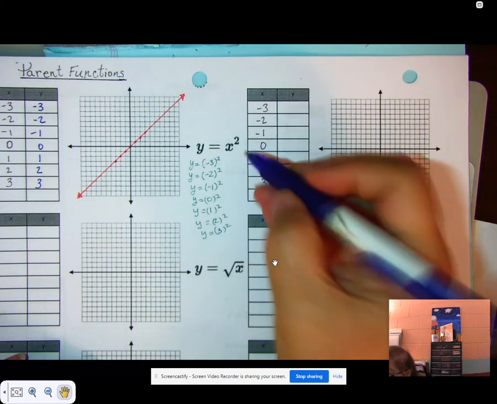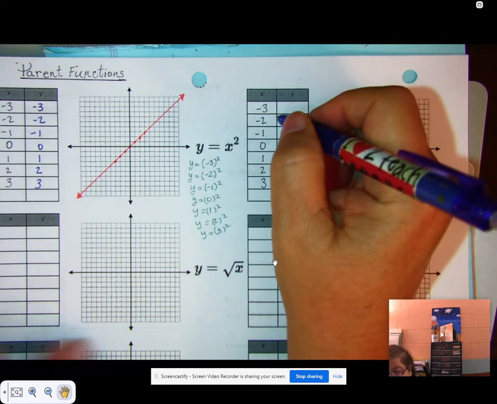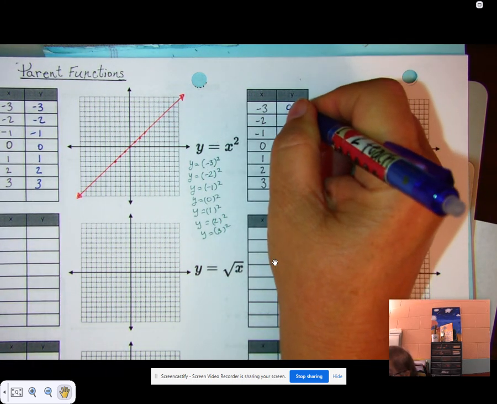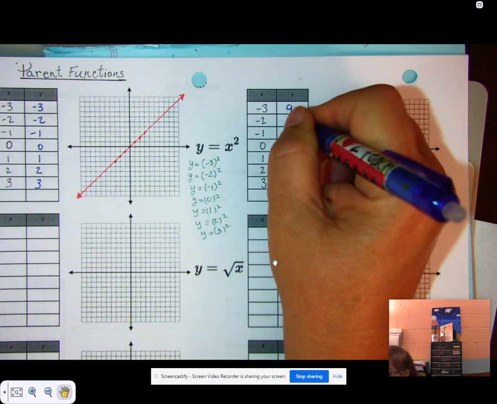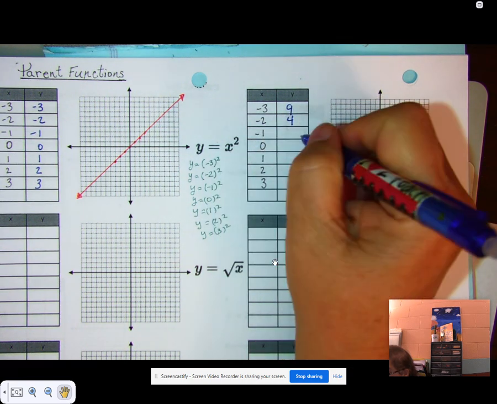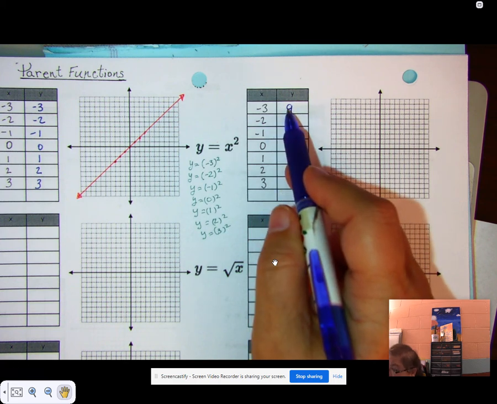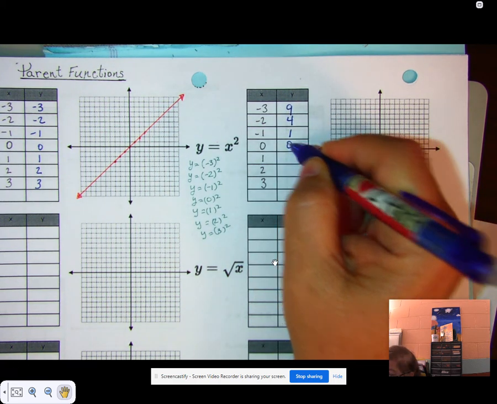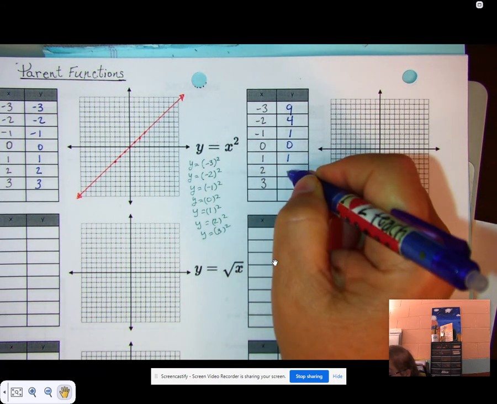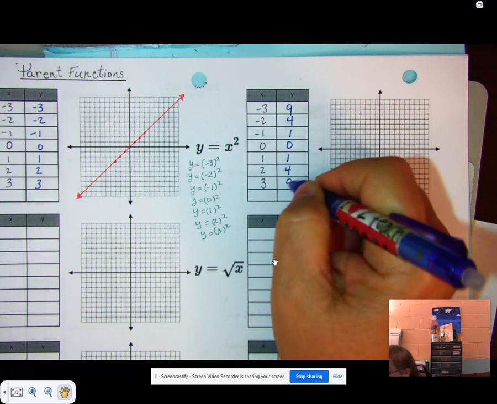So -3 squared is +9. -2 squared is 4. -1 squared is 1, because -3 times -3 makes a +9. 0 squared is 0. 2 times 2 is 4. 3 times 3 is 9.